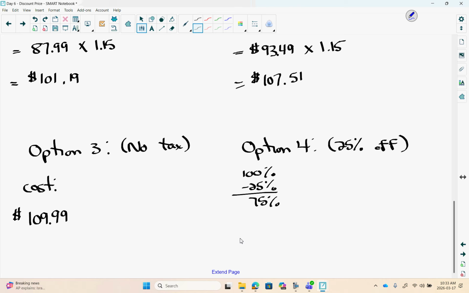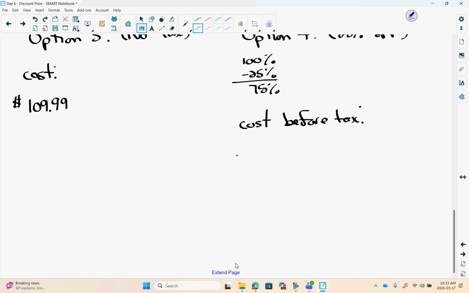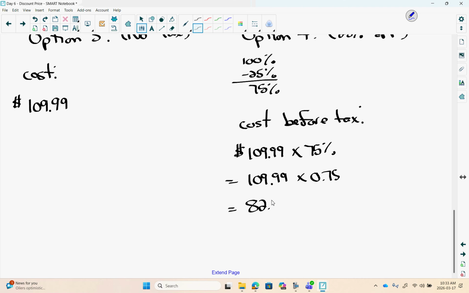So when it comes to the cost before tax, I'm going to take the 109.99 and I'm going to multiply it by 75%, which is 0.75, which gives me $82.49.